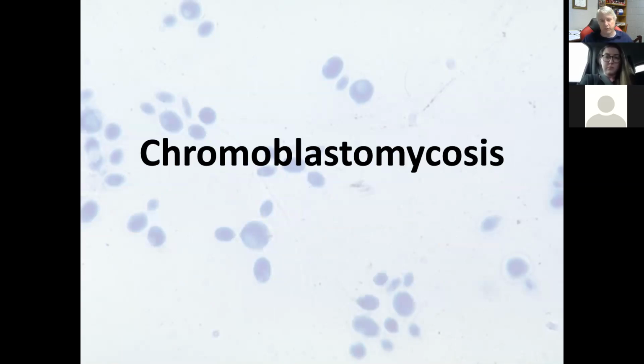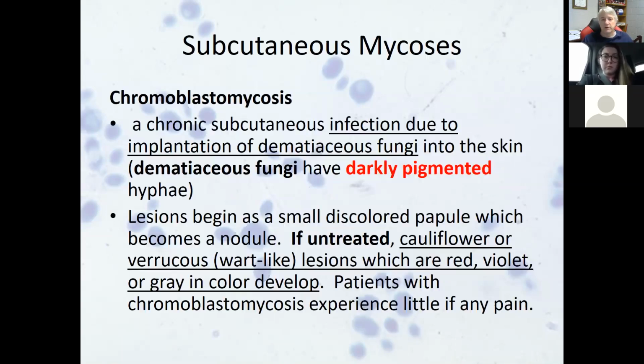So we'll start out with chromoblastomycosis, and of course chromo meaning color. This is a chronic subcutaneous infection, a dematiaceous fungus in the skin, having dark pigment. So a dark pigmented fungi here.